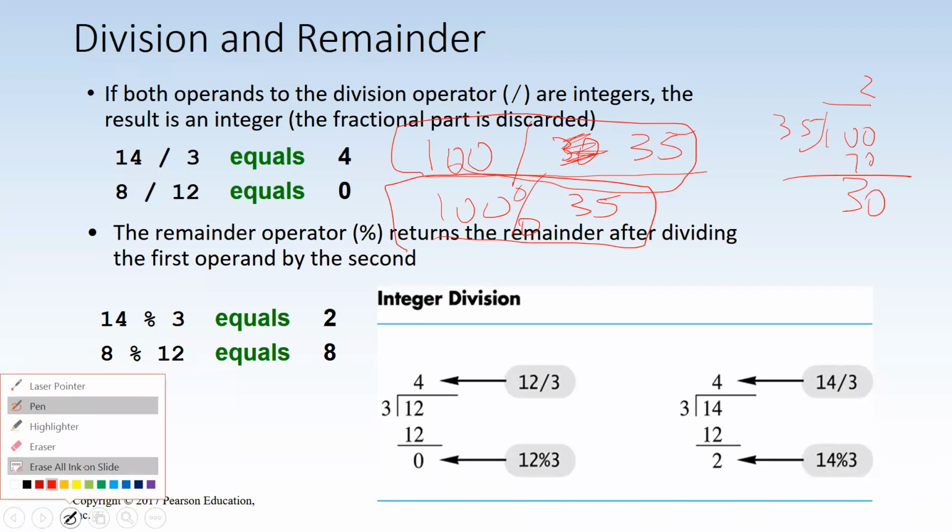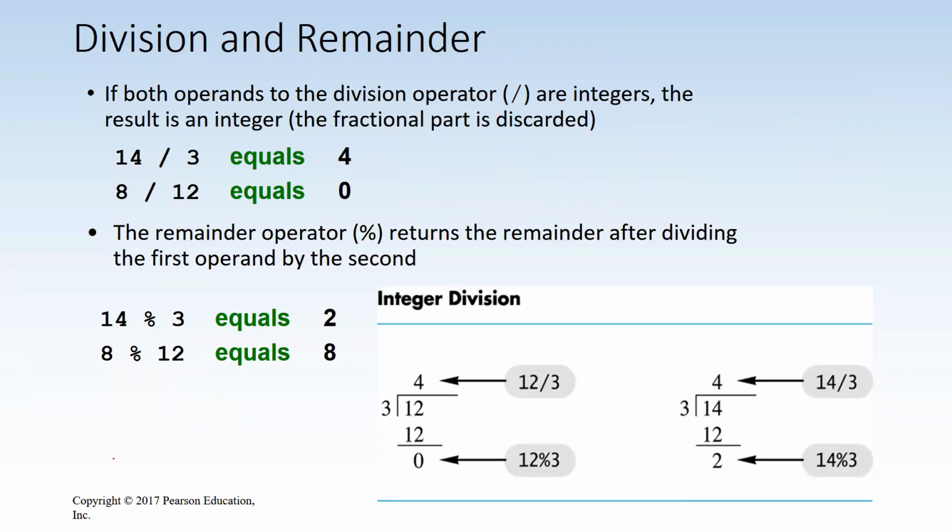Go ahead, Kevin. I'm sorry. I was just trying to reread the bullet point again because I'm not getting it, but we can still press on. Yeah, let me give you another example. 7 divided by 2. I'm using smaller numbers.